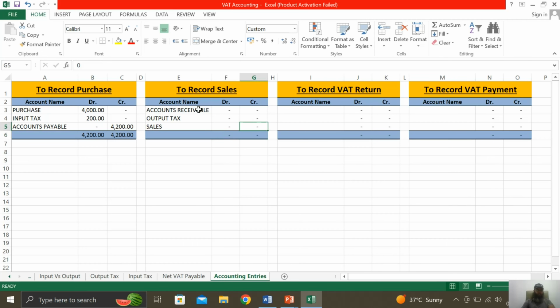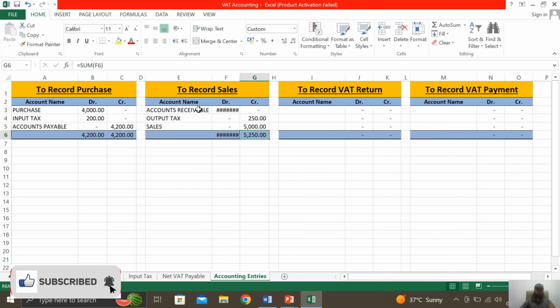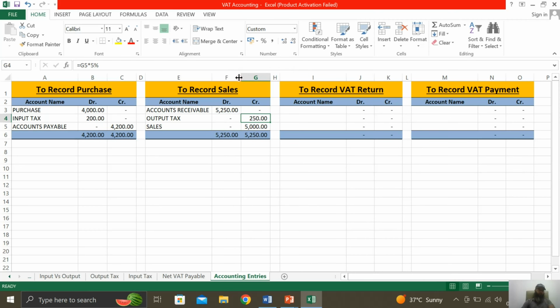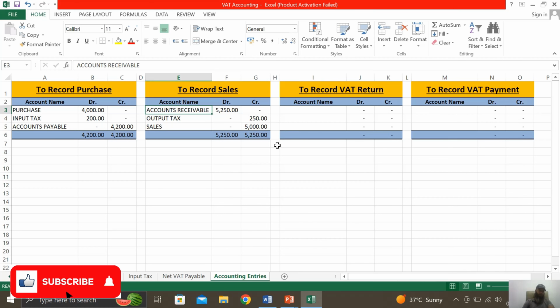Suppose you have sold for 5,000, so 250 will be the VAT, and 5,250 will go to your AR balance, if it is a credit sale. If it is cash, then you can give debit to the cash or bank, or if you have received a check, then notes receivable you can give.